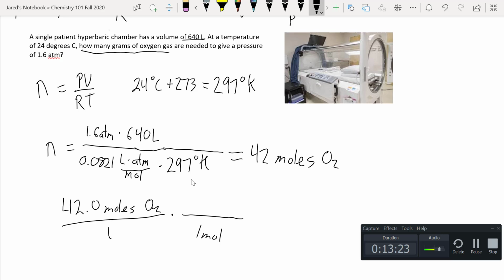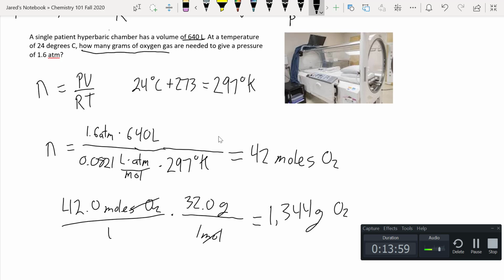And so 1 molecule of O2 would then be 32.0 grams per 1 mole. And so if you go ahead and do this out, you'll see that moles cancel, and then you can multiply 42.0 times 32.0, and we are going to come out with 1,344 grams of oxygen gas.